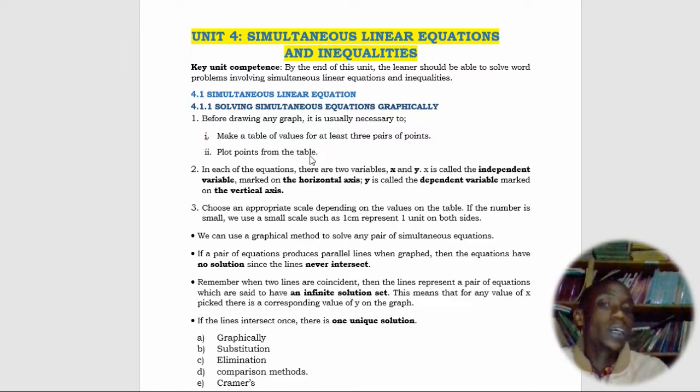We have variable x and variable y, where x is called the independent variable and y is called the dependent variable. X is marked on the horizontal axis and y is marked on the vertical axis.